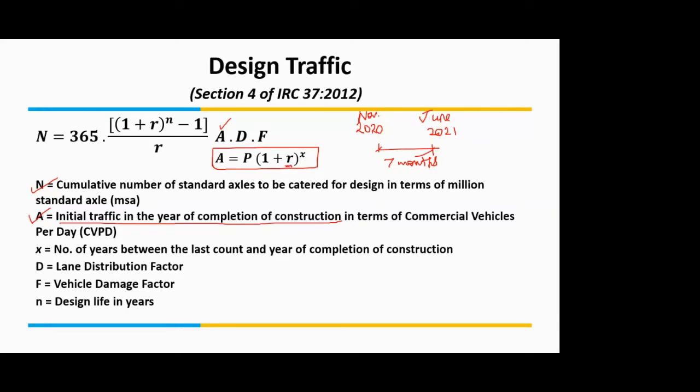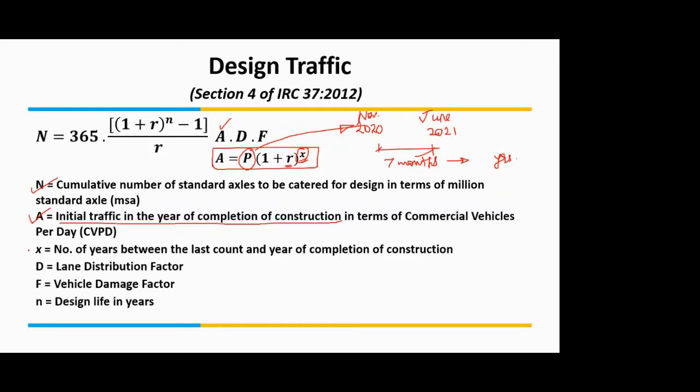R is that growth factor, and X is the number of years for completion of construction. Here we have 7 months, so if you convert it to years, whatever that number is, you will consider as X. And P will be the traffic count which I carried out in November 2020. That's how you use this formula, and then you come to that A value.